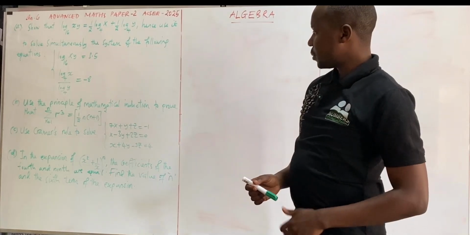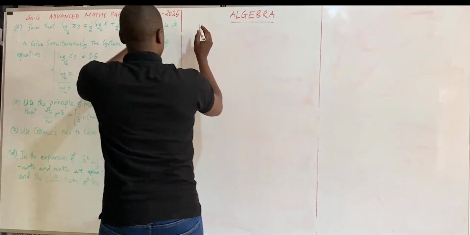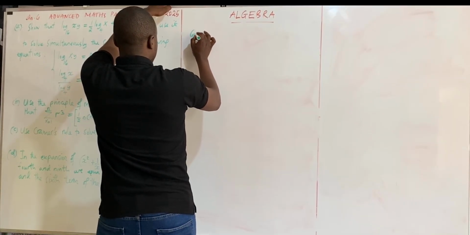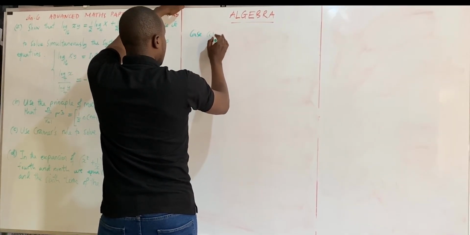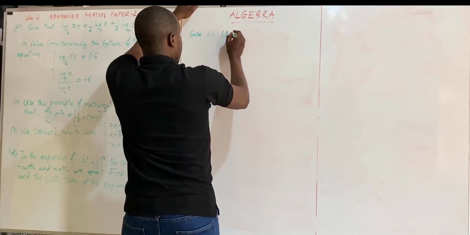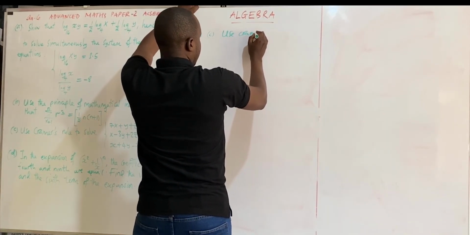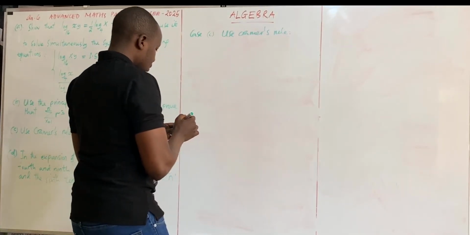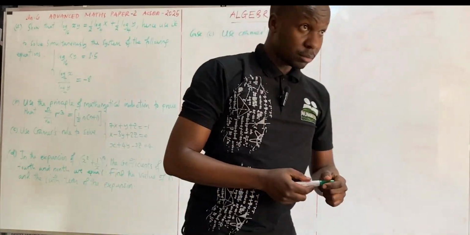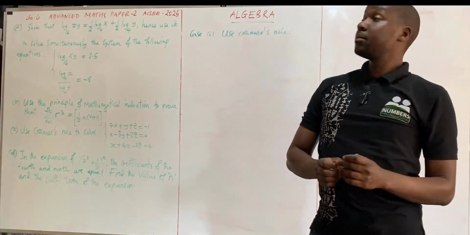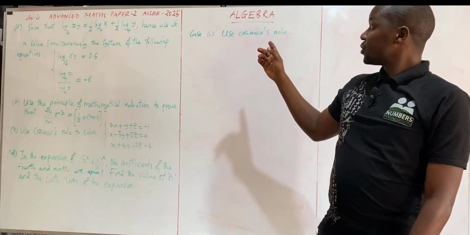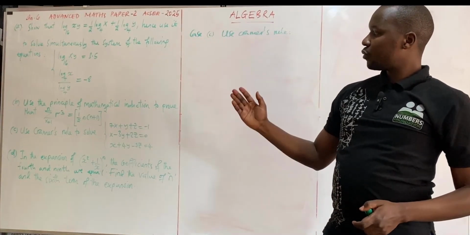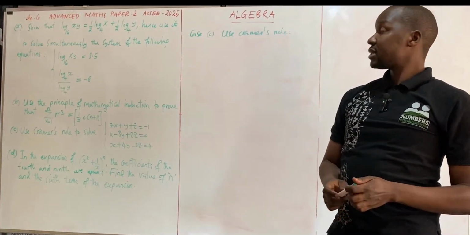Now, by the use of Cramer's rule, the first thing that we need to know in case C. What we need to understand in Cramer's rule is that this is the method that uses the determinant of a matrix to solve for the value of x, y, and z.